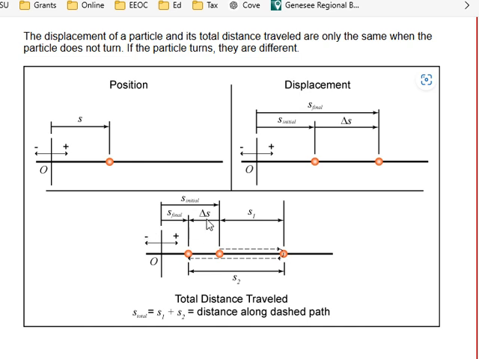That is your displacement going to the negative direction. Your total distance traveled is like this. This amount of distance is S1, you go there and you turn and you travel S2 from here all the way to here, and then you end up at the same position as in displacement. The entire path S1 plus S2 is your S total, and that is your total distance traveled, the distance along the dashed line.